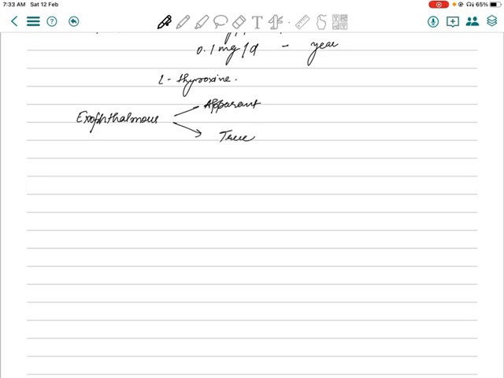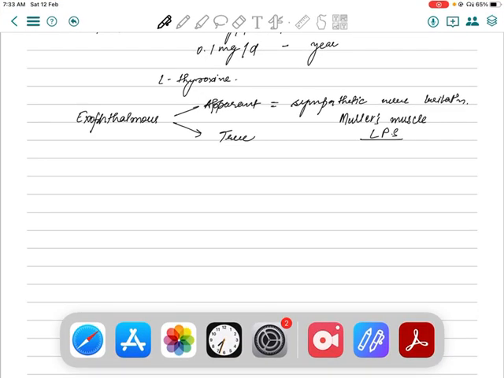In apparent, it is mainly due to sympathetic nerve irritation, which supplies the Muller's muscle, which is unstriped muscle, and the levator palpebrae superioris. These are the two kinds.